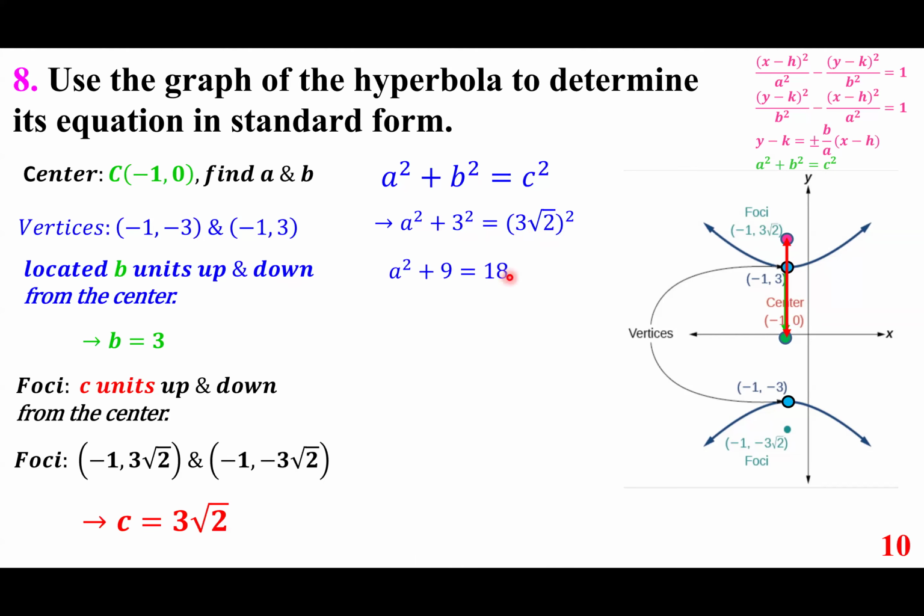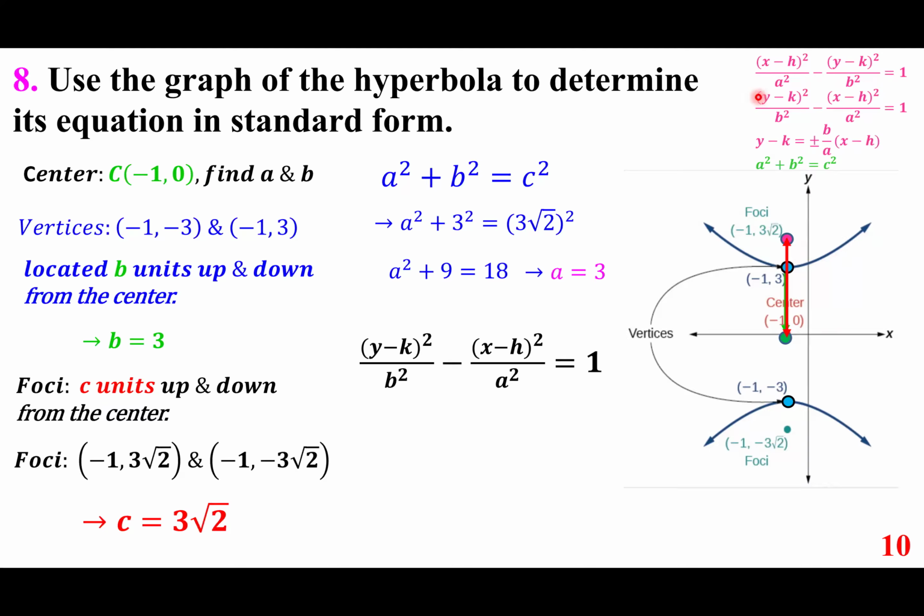Subtracting 9 from 18, a squared becomes 9, and a becomes 3. So we would write (x minus h) squared over a squared minus (y minus k) squared over b squared if it opened sideways. But we're going to use the second one because it opens up and down: (y minus k) squared over b squared minus (x minus h) squared over a squared equals 1. This is the one we're going to use.